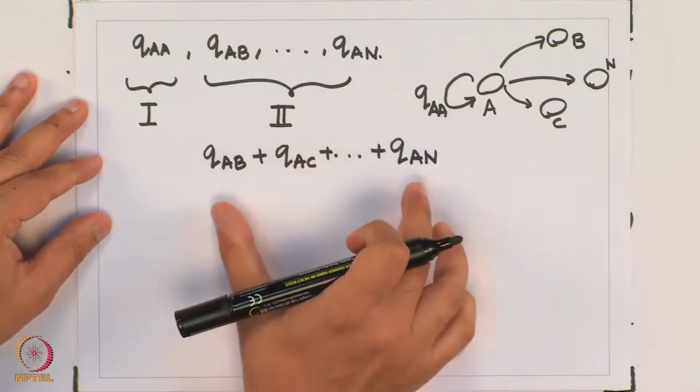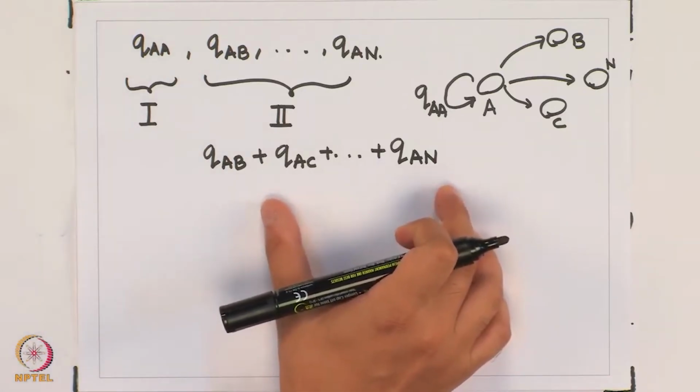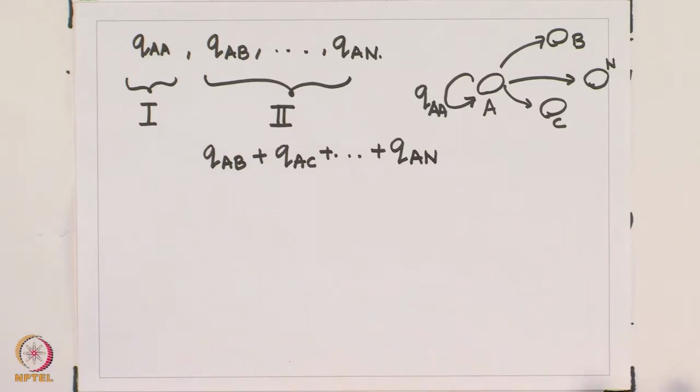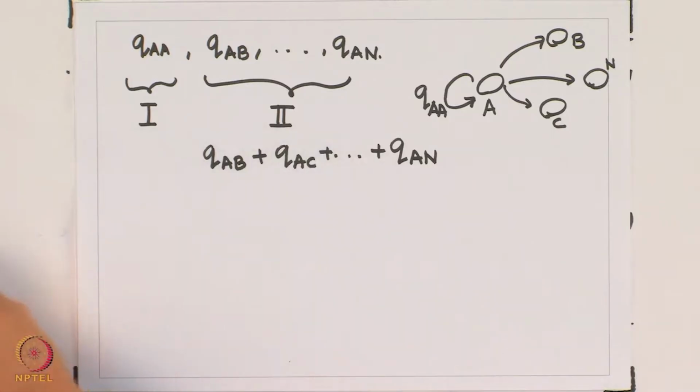Basically, this sum includes all the QA terms except for the QAA term. So I suggest you pause the video for a few seconds and think about the relative magnitude of quantity 1 and 2 that should exist as you understand microbial physiology.